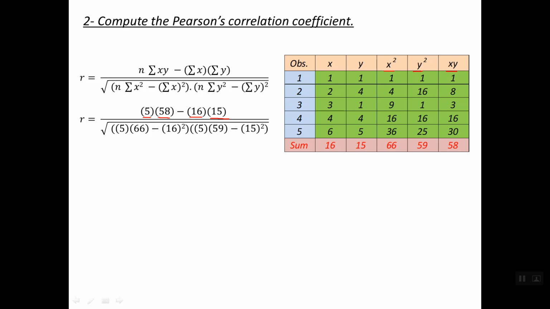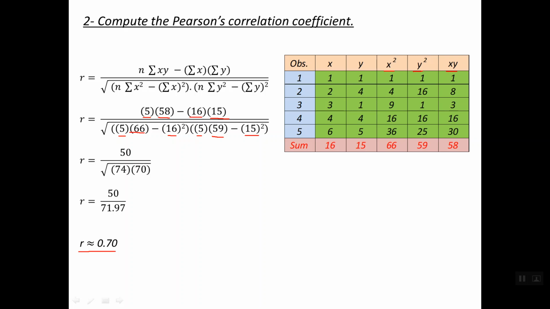All of these are divided by the square root of n times the sum of x squared minus the sum of x all squared, multiplied by n times the sum of y squared minus the sum of y all squared. If you proceed, you will get the value of the correlation coefficient to be about 0.70.